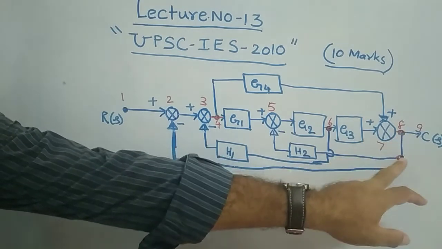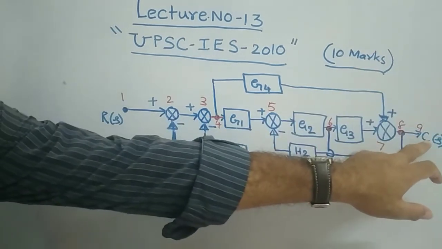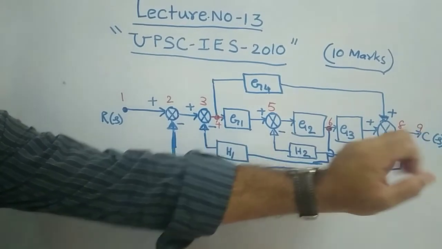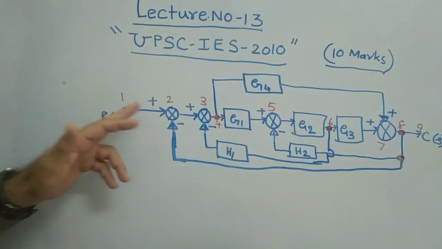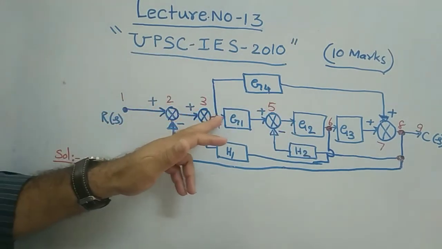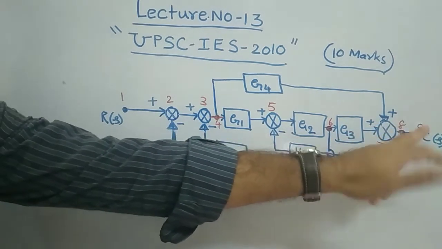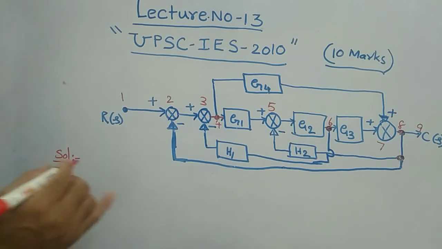Instead of these 2, consider 1 only, that I am identifying as 8, and finally C of S I am also considering as a node, the 9th node. So there are 1, 2, 3, 4, 5, 6, 7, 8, and finally 9. There are 9 nodes.